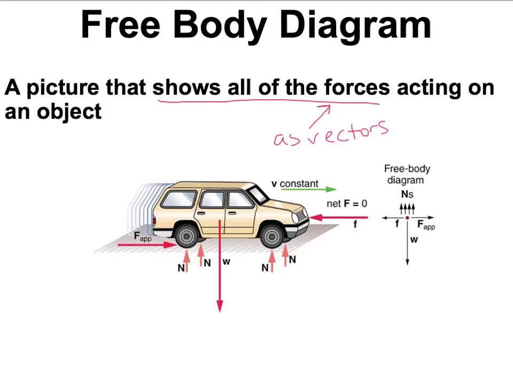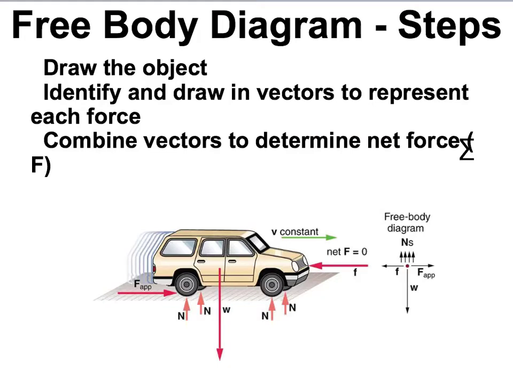So here's an example that you've seen before, and it's a car moving. This example was from the equilibrium video. So the eventual goal is that you'll be able to make free body diagrams, and that goal is going to come very soon. So what do you need to do to make a free body diagram? Well, first you need to draw the object.